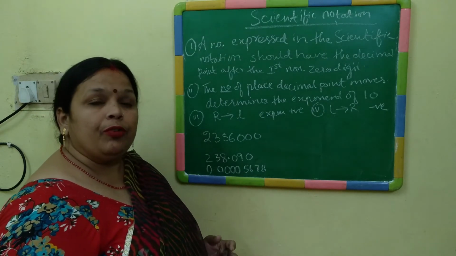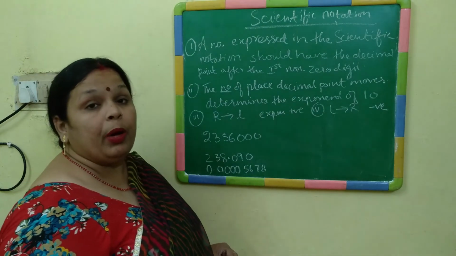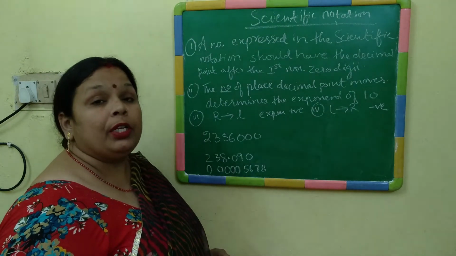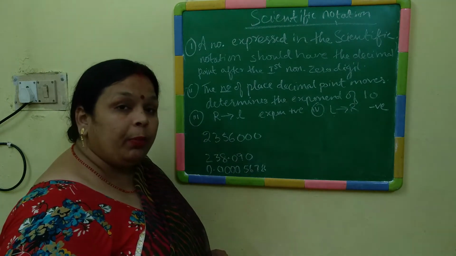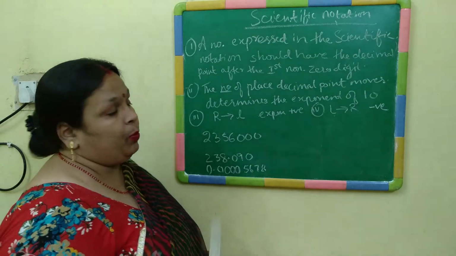In scientific notation, the base is 10, and the power of 10 tells you how many places you have moved the decimal point.